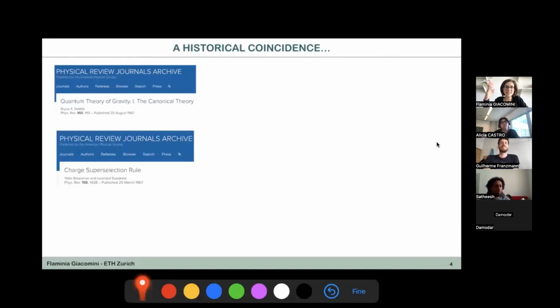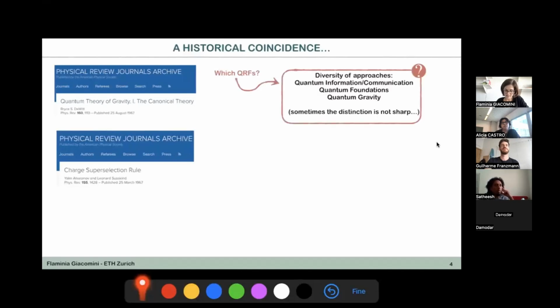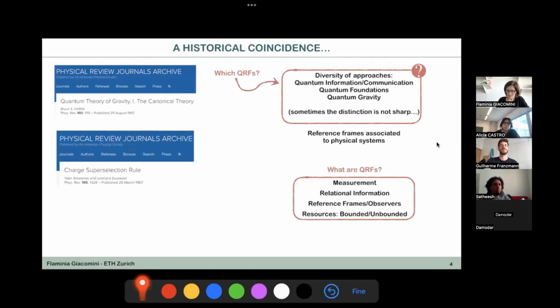And typically these 2 research lines have not much in common one with the other. So they just evolved in parallel. But there are some similarities. So again, there is a diversity of approaches, but in all cases, the idea is to associate somehow reference frames to physical systems and physical systems that are quantum.